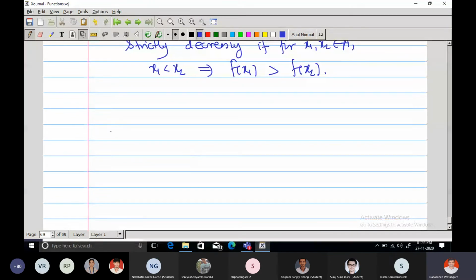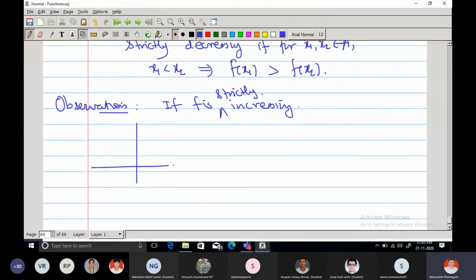Now observe, if f is increasing, suppose the function is increasing or strictly increasing, then what will happen? Its graph is just going up and up. Is this function 1-1 then?